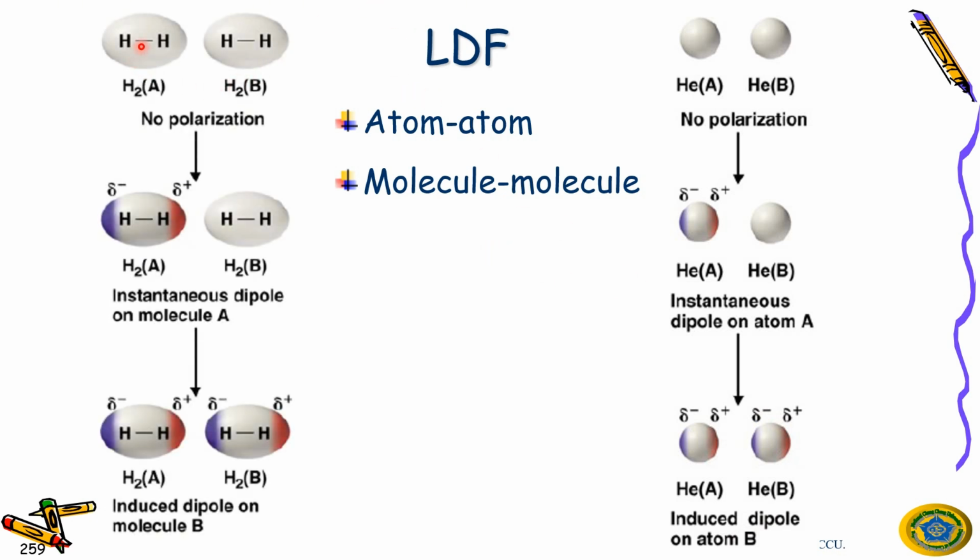Hydrogen is a non-polar molecule. So this bond here, and the electron is well distributed in the hydrogen molecule. So when the temperature is low enough, this one, negative charge, positive charge, this one will be induced. So we have a molecular example for you here.